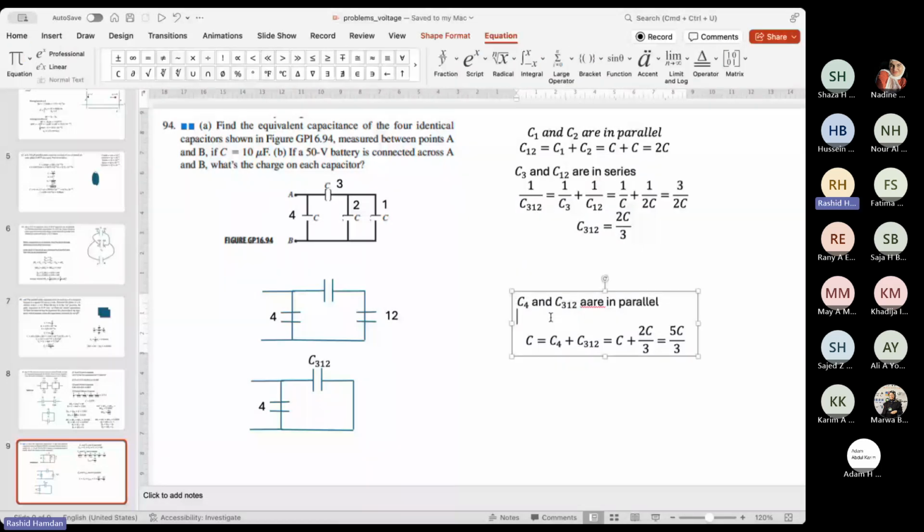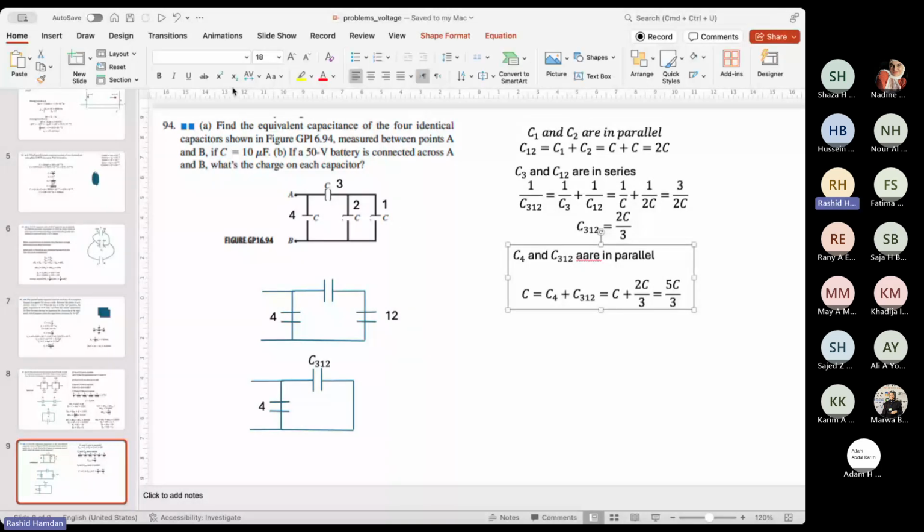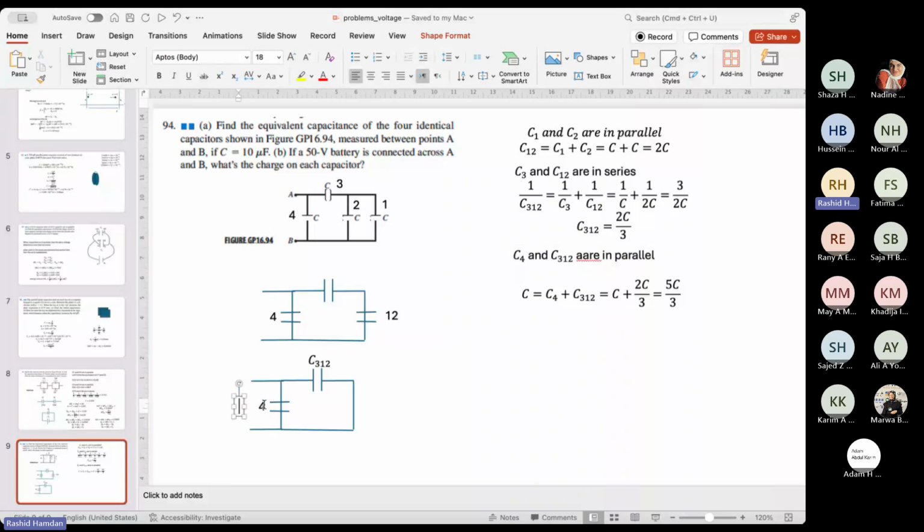Now I connect it to the battery and I want to find the voltage across each. Again, I'm going to keep solving in terms of V. So let's call the voltage across the battery V and solve in terms of C and V. So we have the battery here. Let's call it V, or you can call it E. Let's call it the EMF.